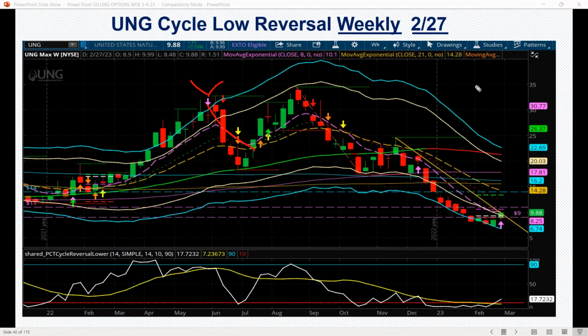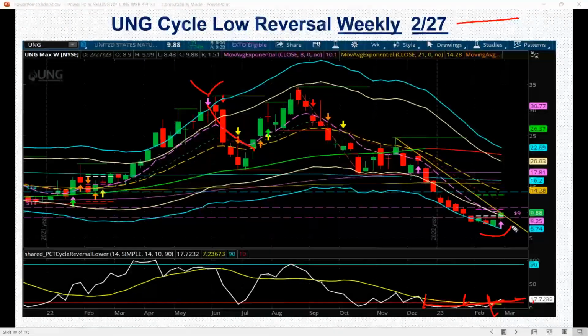We finally, just a week ago, had a cycle reversal on the weekly long term, and it's extremely oversold, 10th percentile, and has been oversold for almost 3 months. So this gives you a really good potential for maybe bigger, more upside on natural gas.